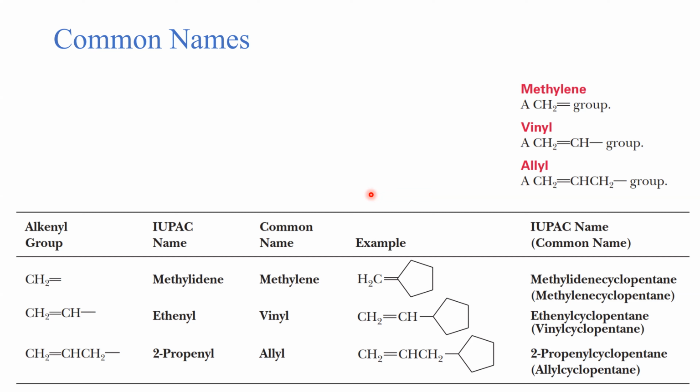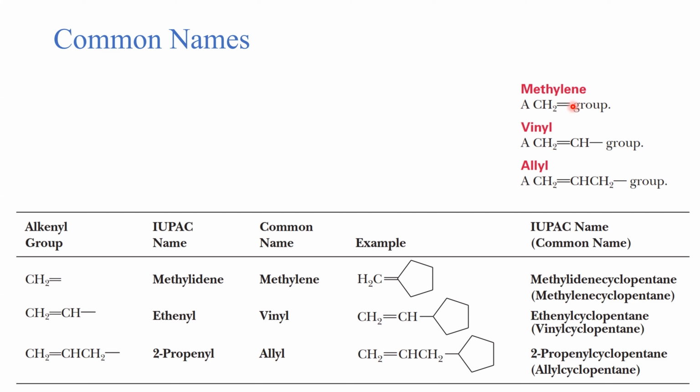So you should know what the vinyl, the methylene, and the allyl are. You should know what the IUPAC name is and how their structures look. So methylene is basically a CH2 doubly bonded, right? It means this CH2 is attached to some alkyl group, and most probably this is in a cyclic form, or a ring form.